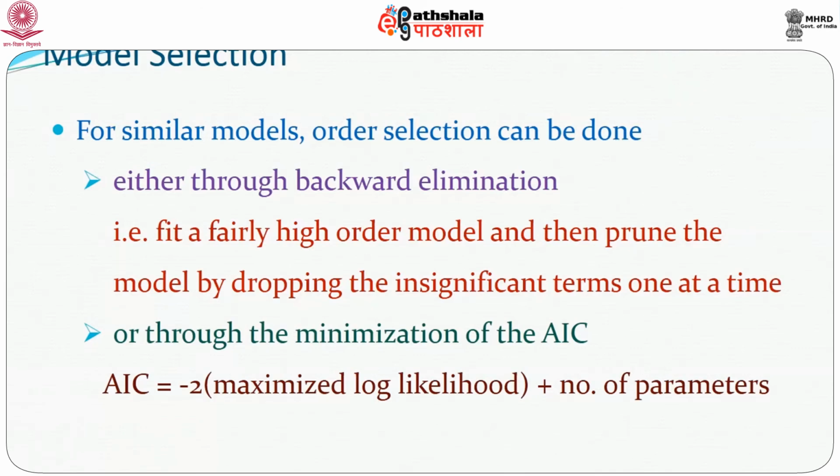So if you have a very large model, the maximized log likelihood itself will be large, but minus twice the maximized log likelihood would be small, while the number of parameters would be large, and hence there would be a trade-off, and minimizing the AIC would really lead to a model where we do not have unnecessarily too many parameters or variables involved.